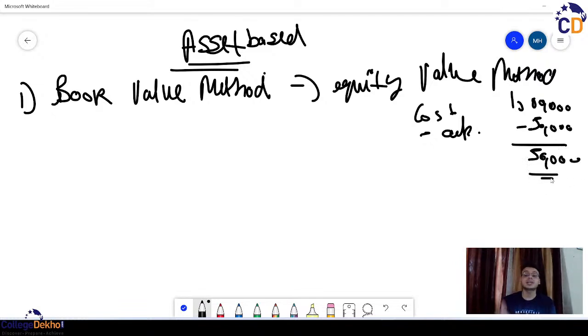Then you are going to purchase the assets of that company at 50,000 rupees, मतलब that particular machinery for 50,000 rupees. And the same calculation will be done for all the other assets and the liabilities of the company, right? And that is the book value method, that you are not making changes as per the market rate.